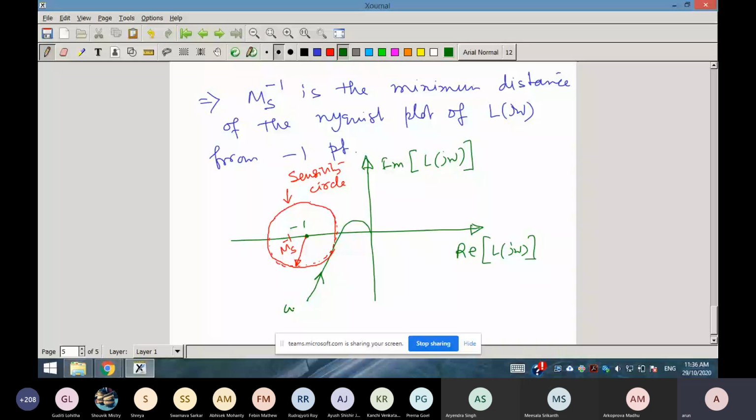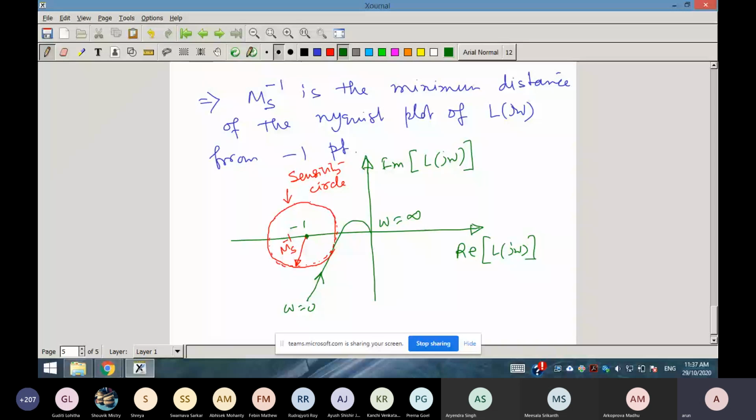As you can easily see, if your Nyquist plot is far away from the -1 point, that means Ms inverse is as high as possible. That is good. Even if some parameter variations or perturbations occur, the Nyquist plot lies much away from the -1 point, so it will not touch the -1 point.